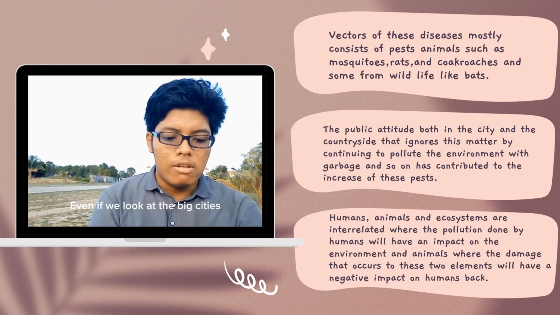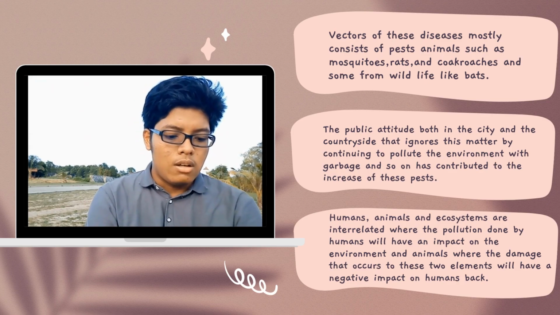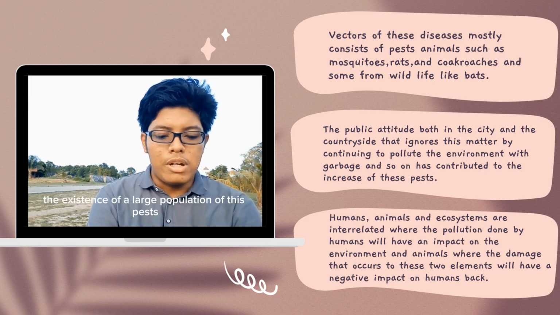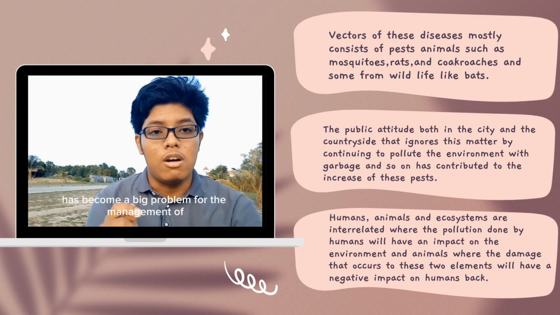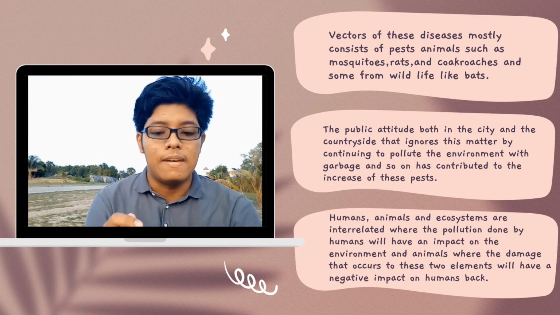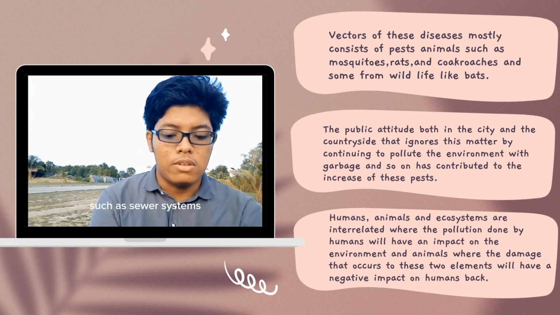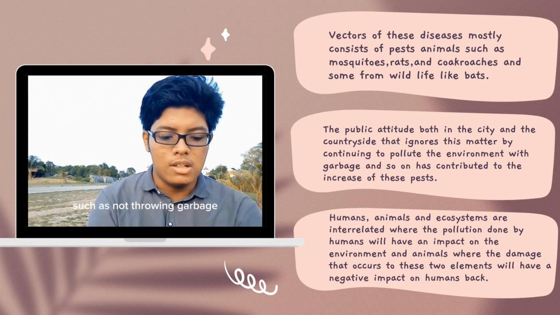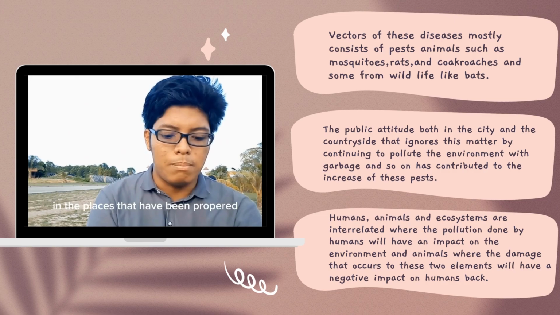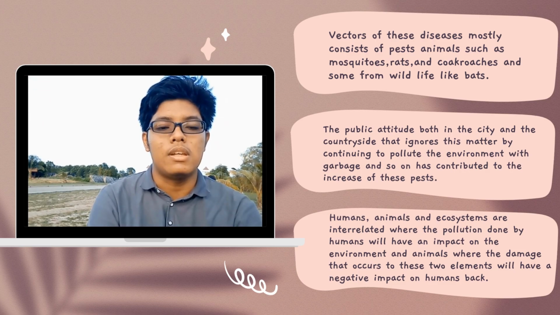Even if we look at the big cities in our country or abroad, the existence of a large population of these pests has become a big problem for the municipal management there. The existence of places for pests such as sewer systems, in addition to wrong waste management, such as not throwing garbage in the proper places, has caused these problems in big cities.